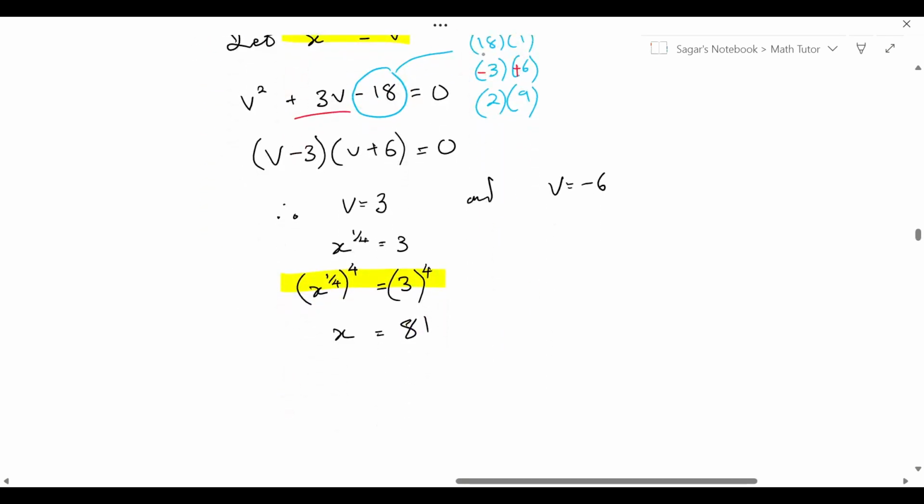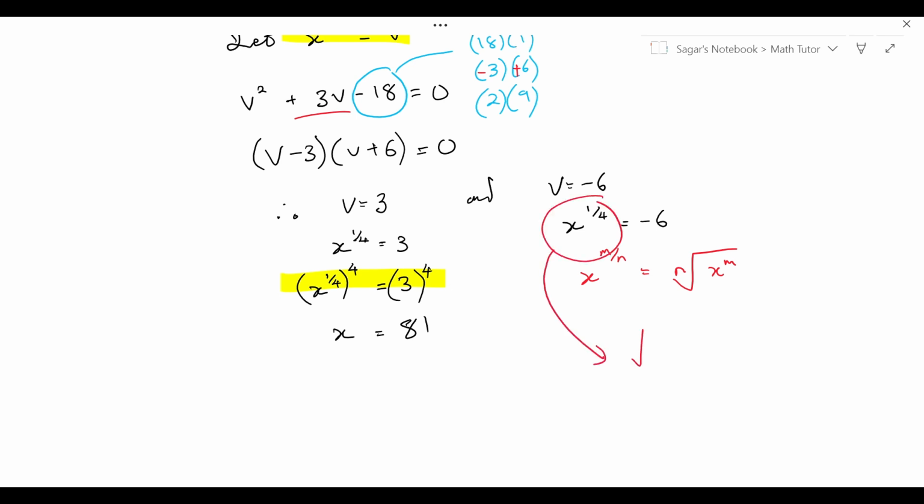On the right side, we have x to a quarter equals minus 6. Now, the important thing to note is x to the power m over n is equal to the nth root of x to the power m. Now, this expression is actually the fourth root of x.